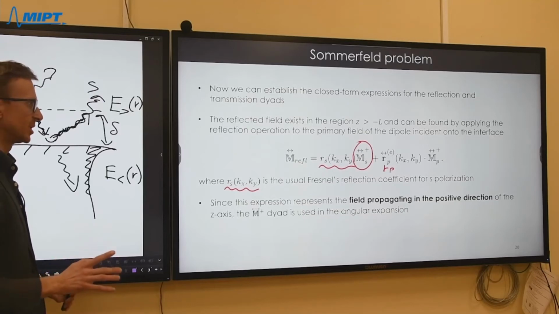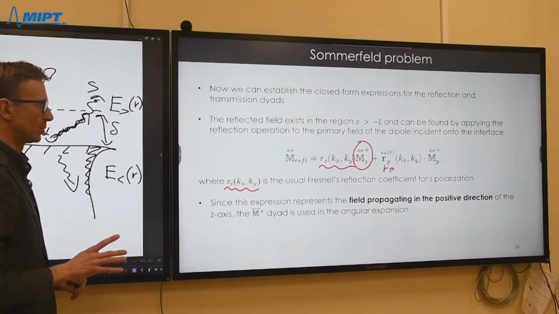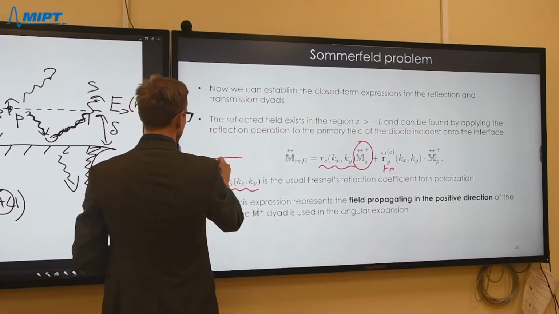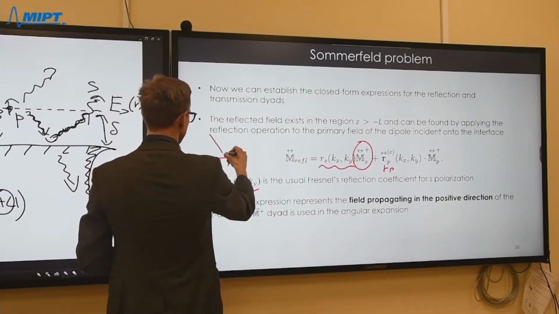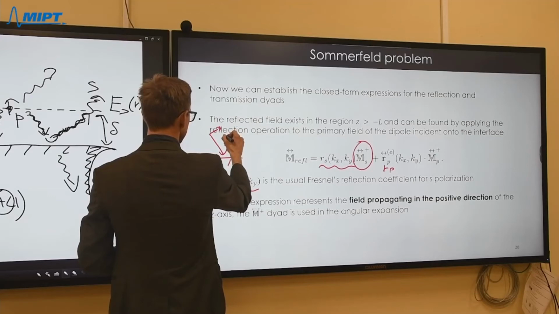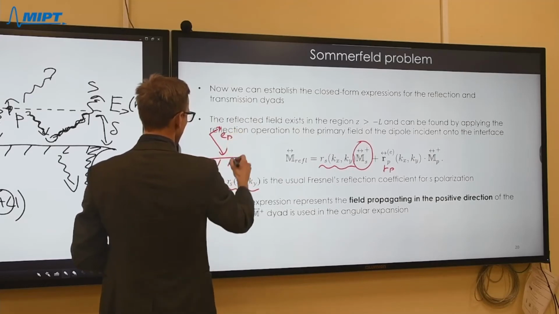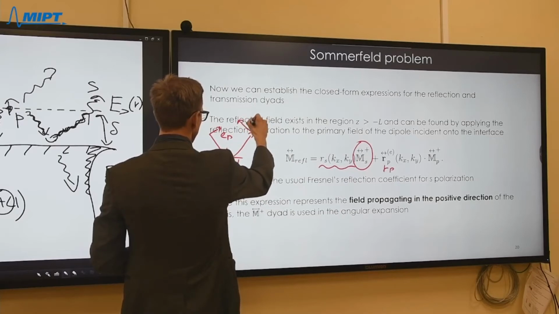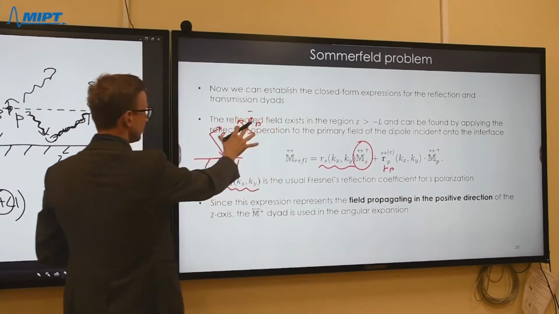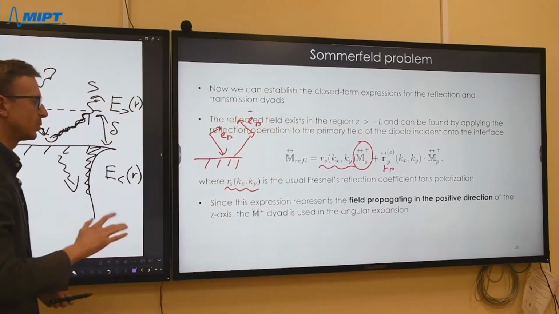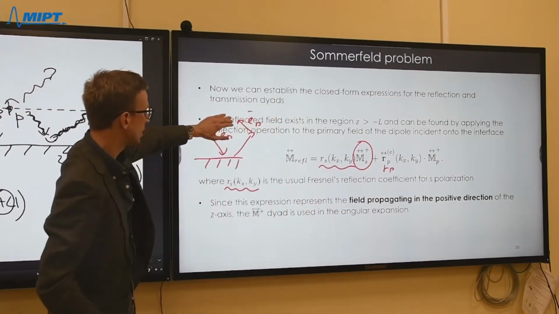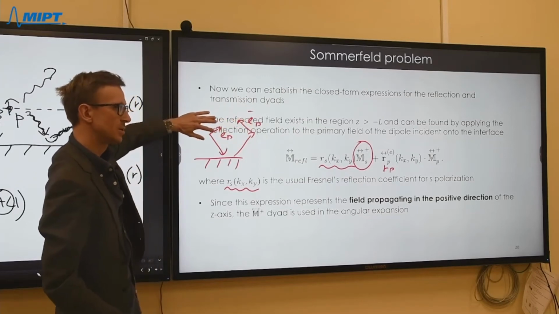This is quite tricky. Follow me once again. So we have a p-polarized wave incident on an interface. This is P, and a reflected field looks like this. So obviously, it's going to have different Cartesian components, and we need a diagonal tensor that will relate this vector to this vector.